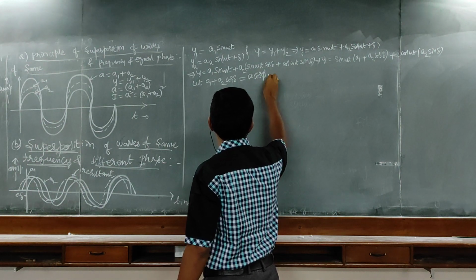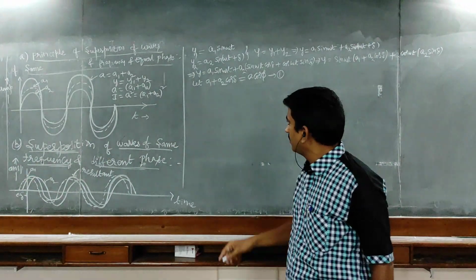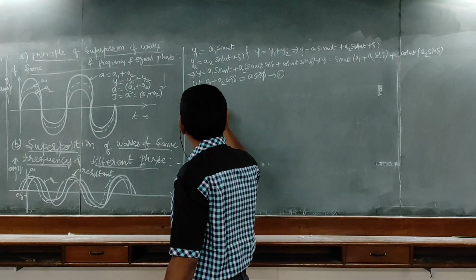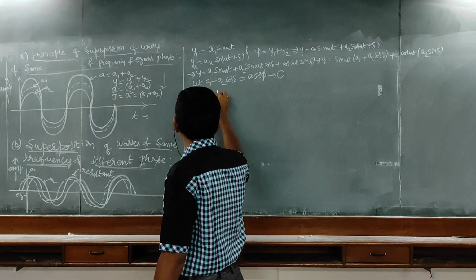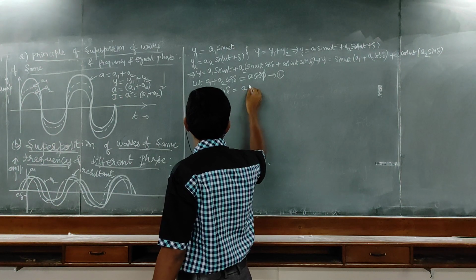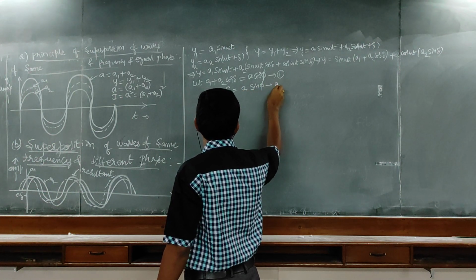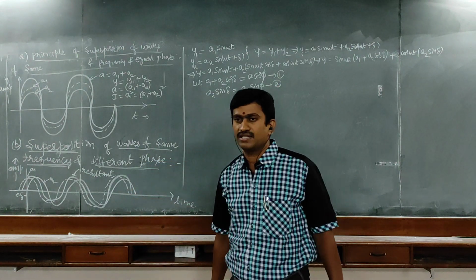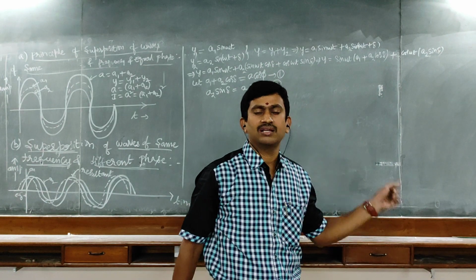I named it as equation number 1. Now the second bracketed expression, a2 sin delta, I consider as a sin phi. Named it as equation number 2. Why are we considering it like this? For further simplification.